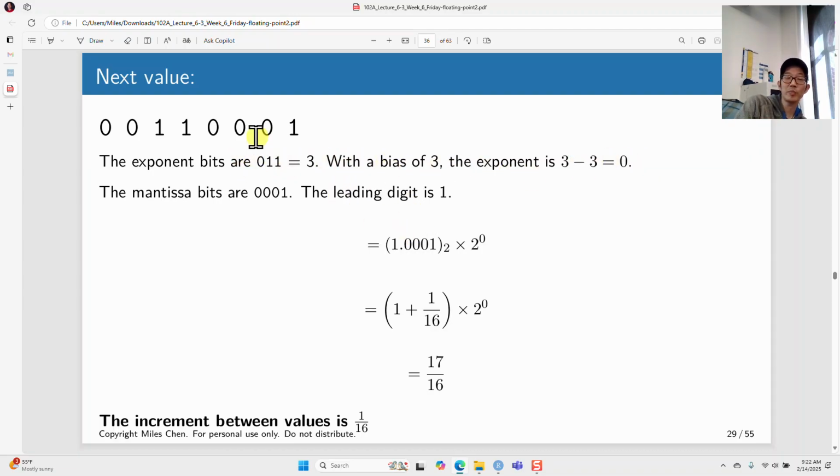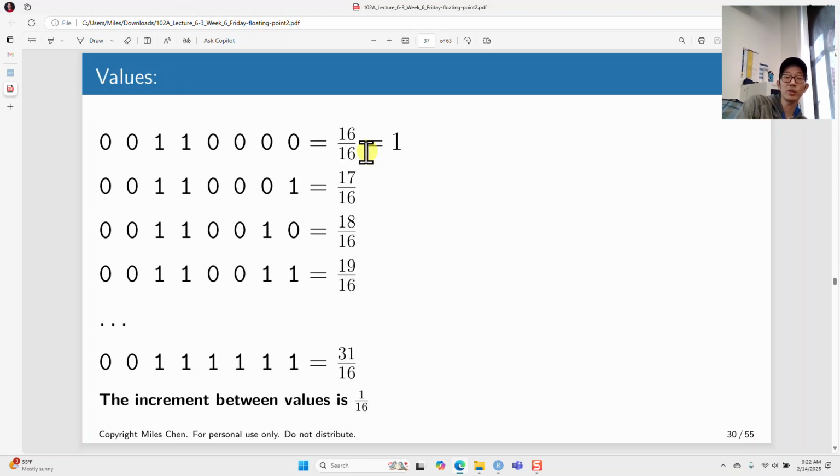And my mantissa is 0, 0, 0, 1. So it's 1 plus 1/16 times 2 to the 0, which is 17/16. If we keep going, we'll go from 16/16, 17/16, 18/16, 19/16, and eventually reach 31/16.